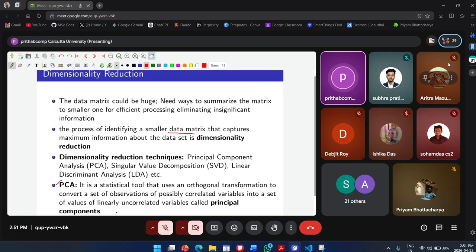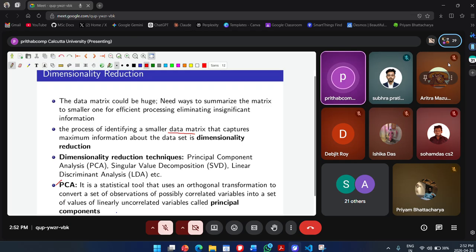Okay, so what is the meaning of this? So basically in principal component analysis, it is some kind of projection, but the projection is defined in a very different way. So we want to produce an orthogonal transformation of the original matrix, which may contain many correlated variables, into a set of values which are projected on linearly uncorrelated variables called principal components.